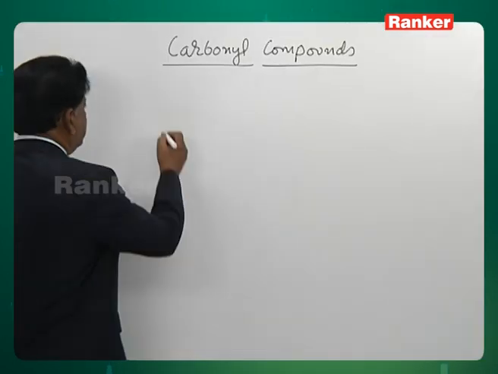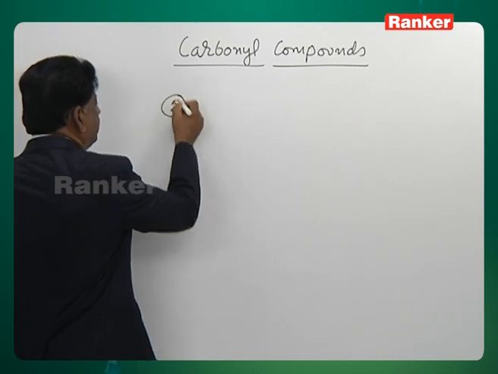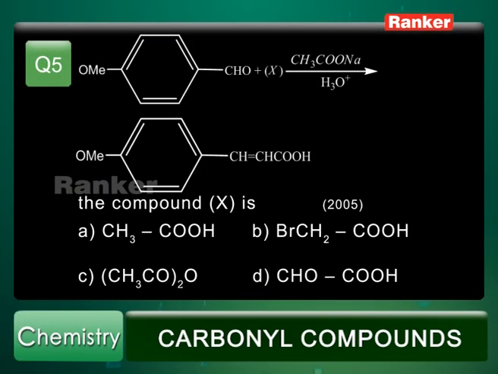So let's go for question number 5. This was asked in 2005, a little long back. The question is here, a methoxy-containing benzaldehyde treated with sodium acetate and water, that X is asked. What is that X compound which undergoes reaction with this benzaldehyde in presence of sodium acetate and water to give the product?